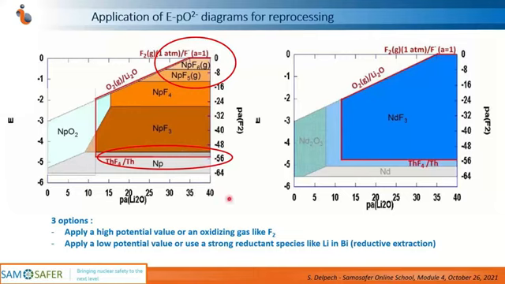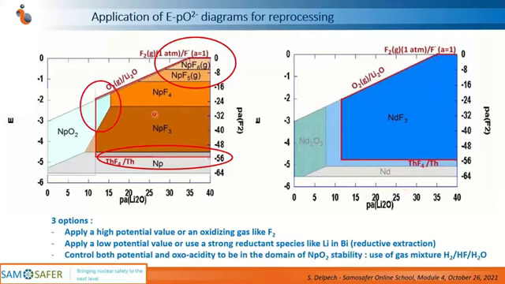We can also use a reductant species like lithium, which is a very strong reductant, dissolved in bismuth. That is typically a reductive extraction, and then we can remove neptunium selectively, with a high selectivity compared with neodymium.